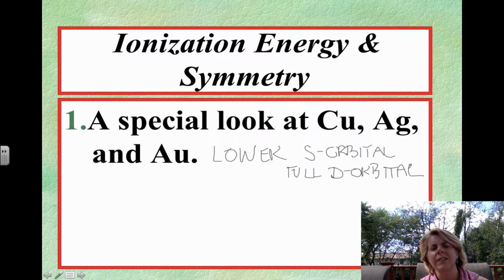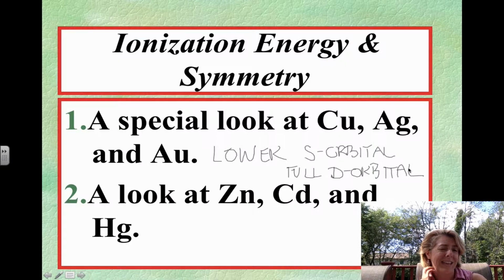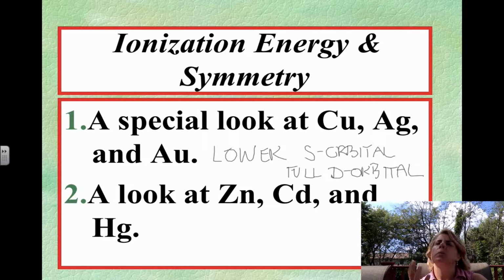Whereas if you look at the ionization energy of zinc, cadmium, and mercury, they have both a full s orbital and d orbital, so there's more resistance. It requires more energy to remove that last electron in that family.